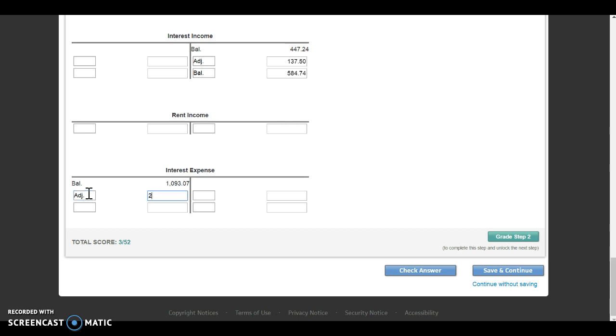And we're going to debit for $277.58. We need to find our new balance. We have two debits, so we're going to add together. And our new balance is $1,370.65.